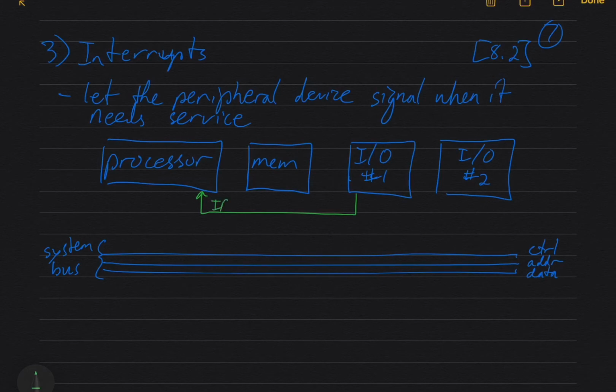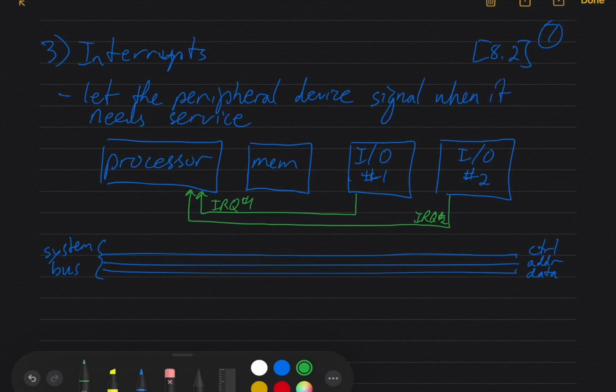So this would be IRQ number 1, and I/O device 2 would have its own signal, IRQ number 2. So they can just assert that signal, and then when the processor sees that, it will stop executing your program and run a special function or subroutine that's dedicated to that interrupt request line.